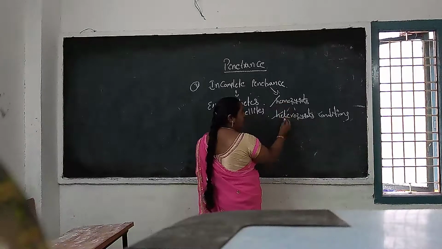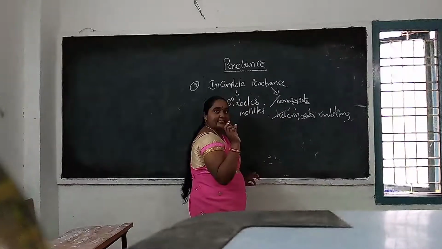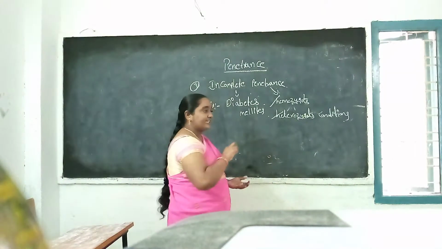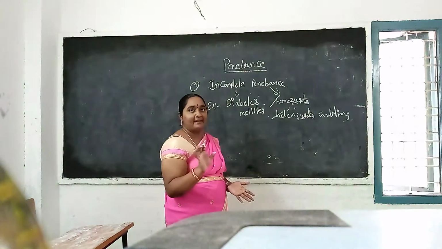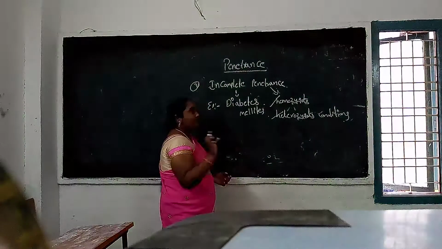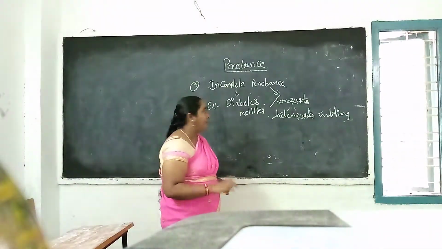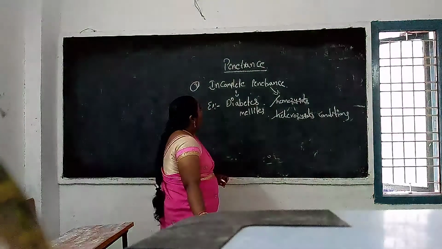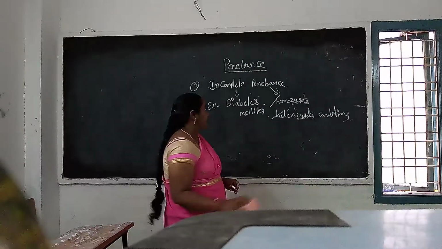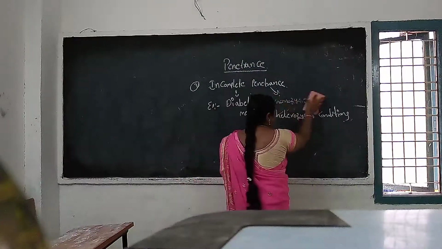Both conditions are involved in the particular gene analysis, so there is an intermediate role of the phenotype. That is called incomplete penetrance. The best example is diabetes mellitus.